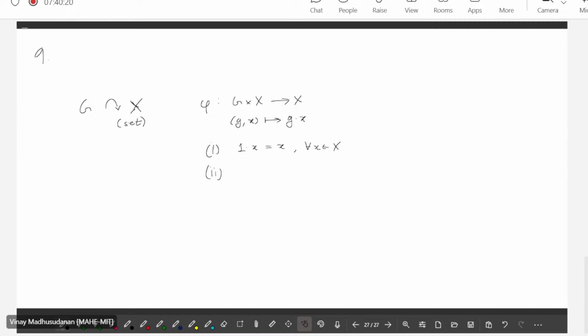So you really have points. So 1 dot x equal to x for any point x, and so if you take h dot x, that is another element of X. So again, I can use g on that. So g dot h dot x should be equal to gh dot x.